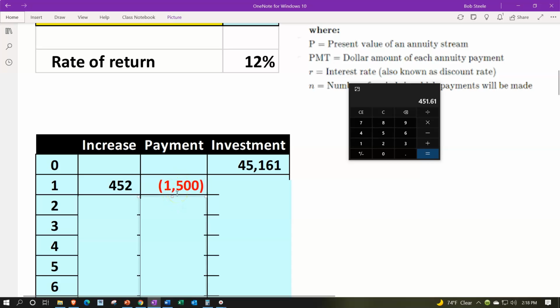The amount of the payment, 1,500, obviously the payment being higher than the earnings that we're going to be receiving, therefore the investment will go down, resulting in the earnings over time decreasing.